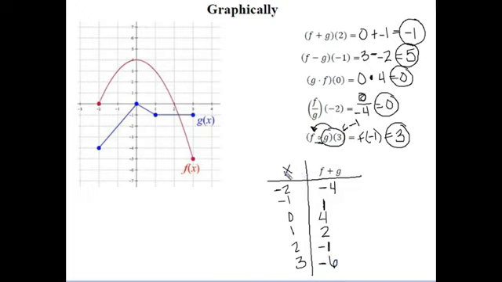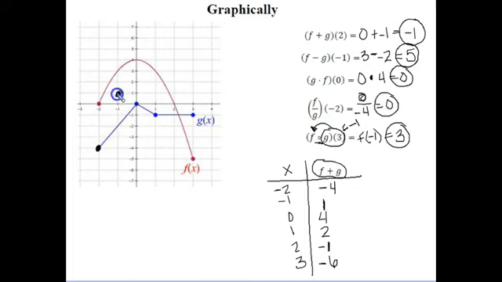So now that we have our overall table of values for these inputs and outputs, let's graph these points to see what our new graph would look like. What would the graph of f plus g look like in terms of these two original ones? If we plot (-2, -4), it looks like they share that point.